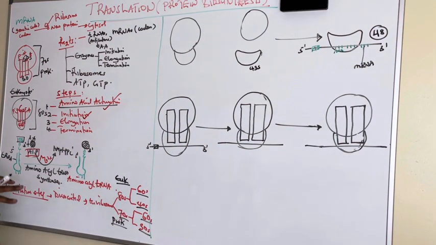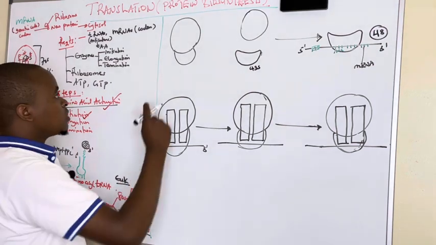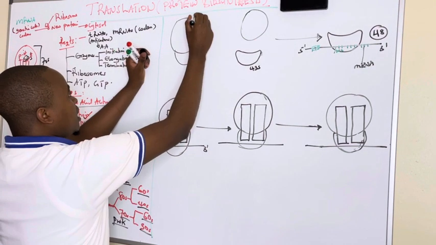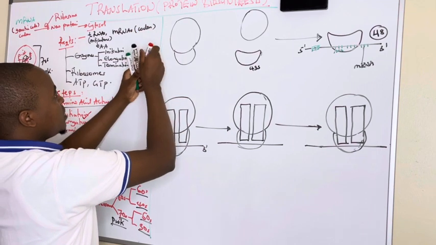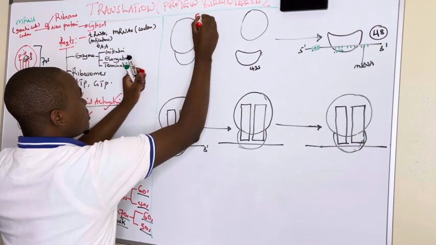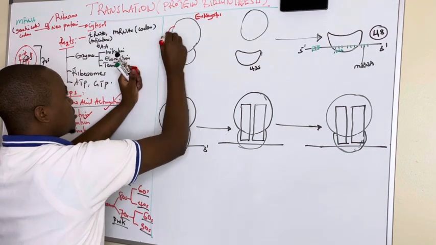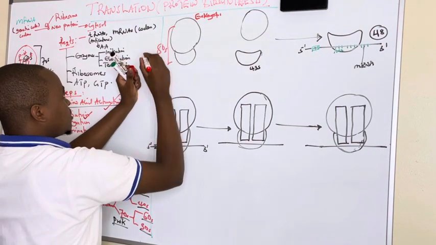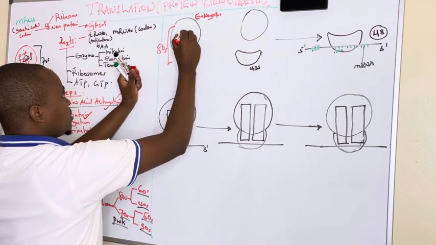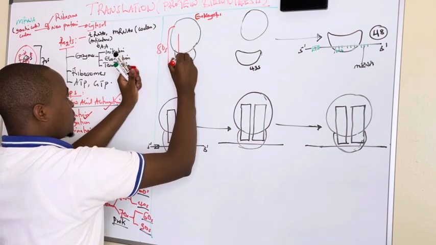After dissociating the ribosome, in eukaryotes we see the 80S being split. This is the 60S, having the P site.